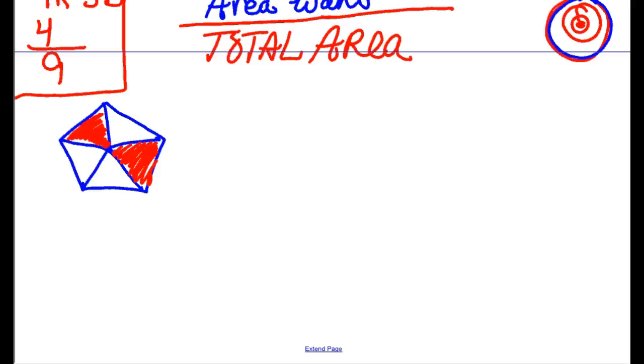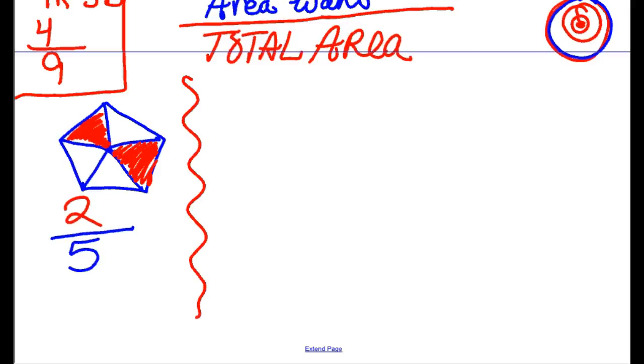Well, this doesn't require any math because I can consider the whole thing or my total 5 triangles. And what I want is to land in 2 of those. So I don't even have to do the area. It's not necessary because I can see that that's 2/5, so I would just be done. So if it's as easy as that, great.